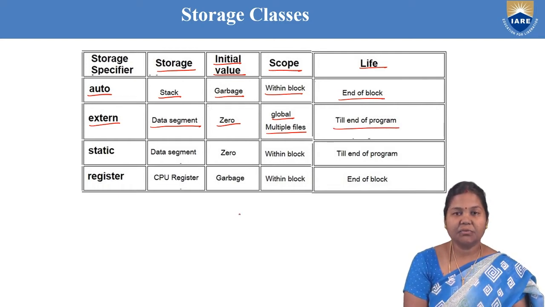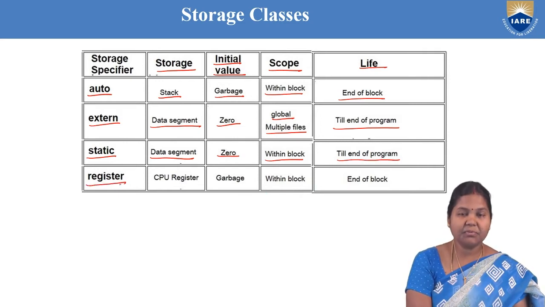The third type is the static storage class. Again the variable is stored in the data segment, the default initial value is 0, the scope is within the block in which it is defined, and the lifetime is till the end of the program.